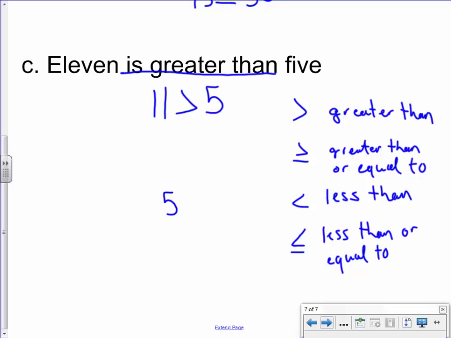I could also say 5 is less than 11. Okay. And it is the same there. Now, would that be an acceptable answer for C, to write 5 less than 11 when it asks you to translate 11 is greater than 5? Probably not. But in terms of equivalent inequalities, that would be fine.